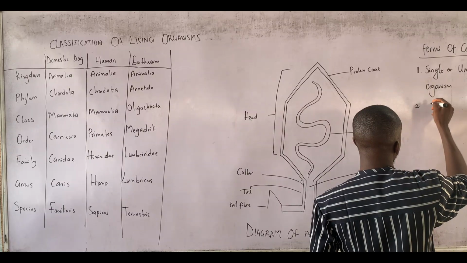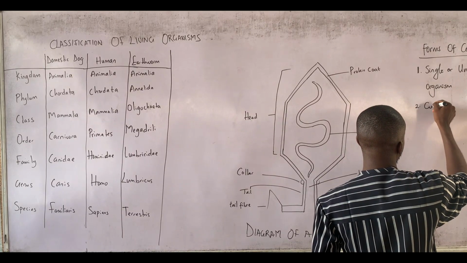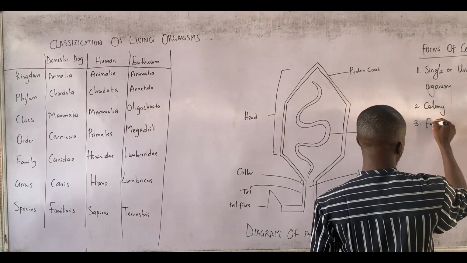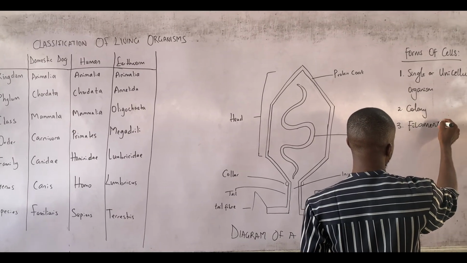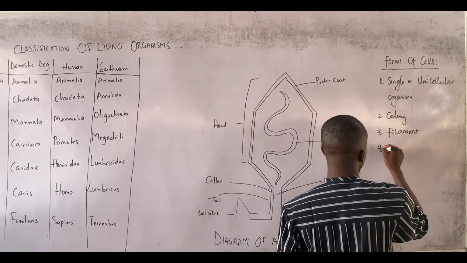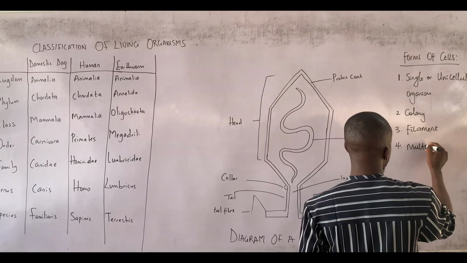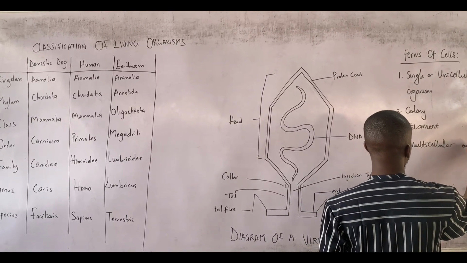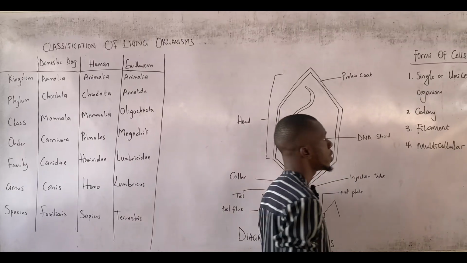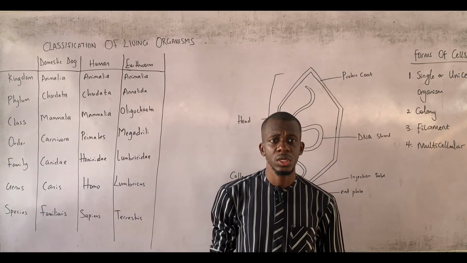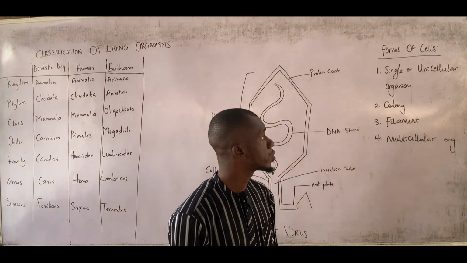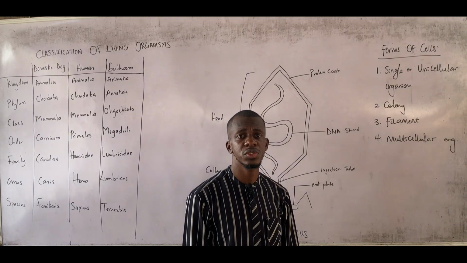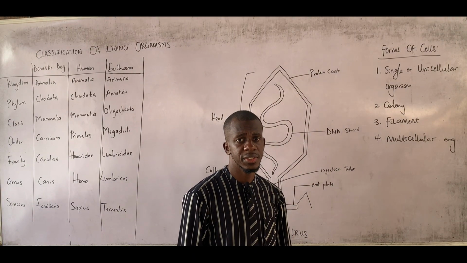A cell can equally exist in form of what we call a colony. A cell can also exist in form of what we call a filament. And lastly, a cell can be in the form of a multicellular organism. These are the basic forms in which cells exist.